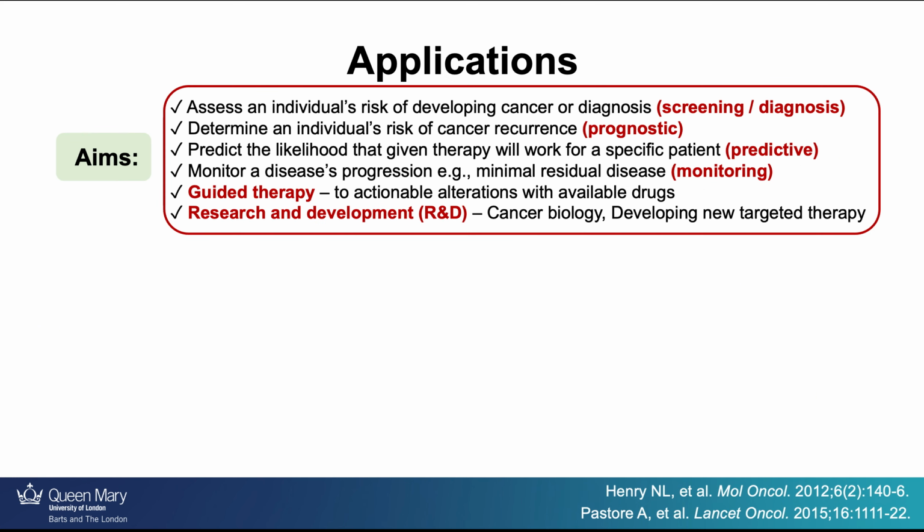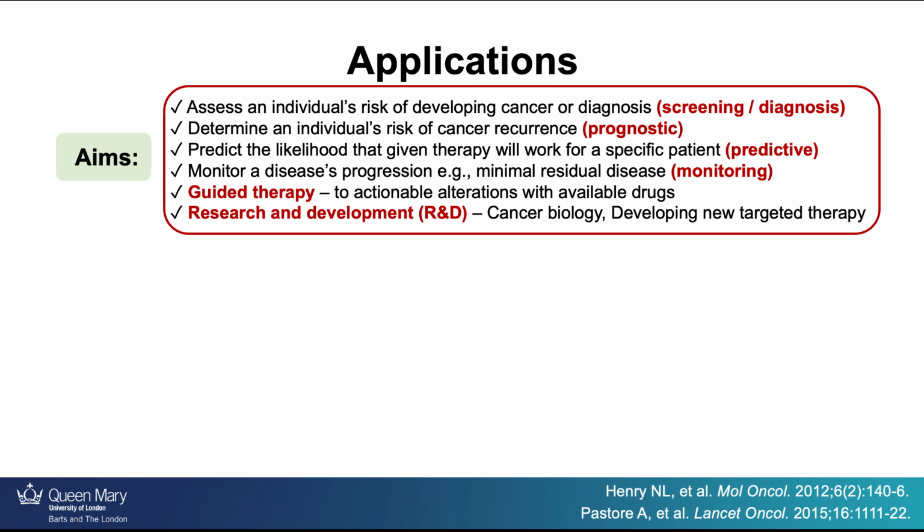For applications, cancer biomarkers can be applied in real-life clinical practice and research settings. They can assess the risk of developing cancer, as diagnostic biomarkers for screening purposes or diagnostic performance.